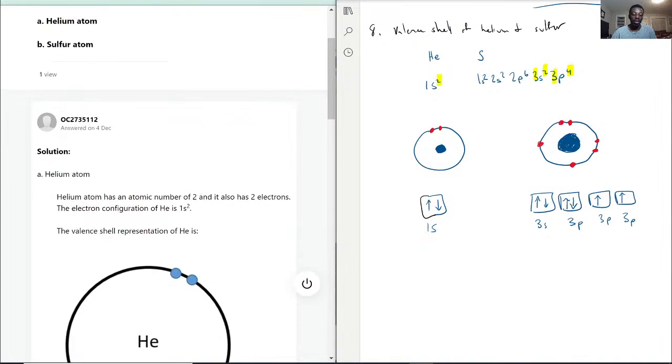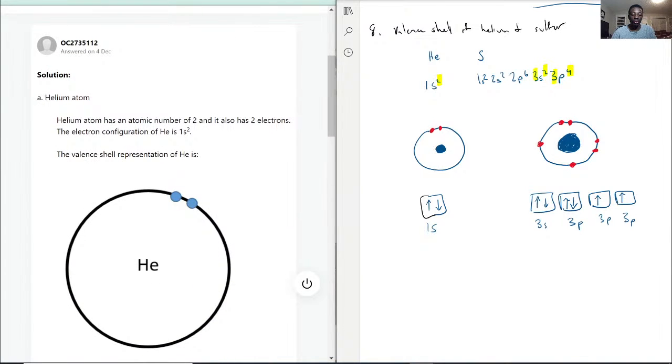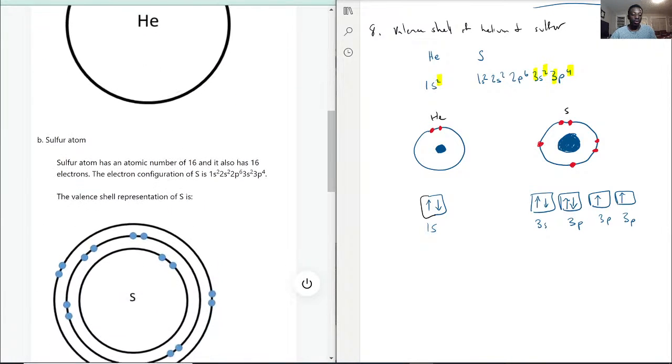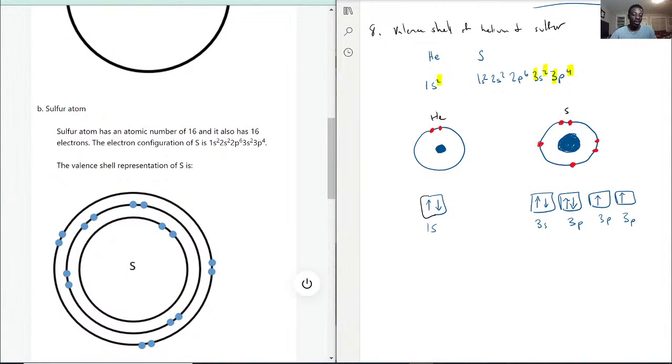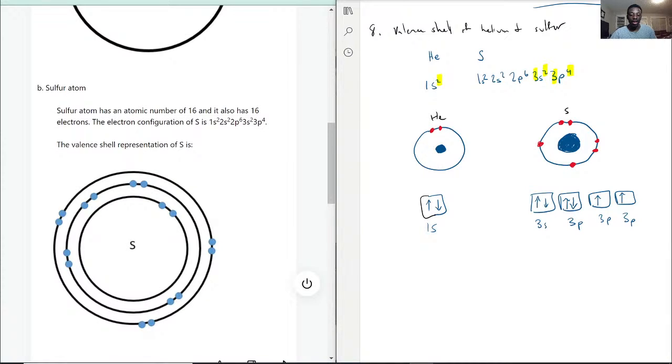Let's see how we did. Helium is 1s2, so we have this. Okay, this works. In fact, I'll just label them helium, sulfur. And now for sulfur, oh, I see. So they'd still put every other shell, but they only ask for valence electrons. I would actually say that you would not want to do this because it's only asking for its valence shell, as you can see based on which part we were highlighting.